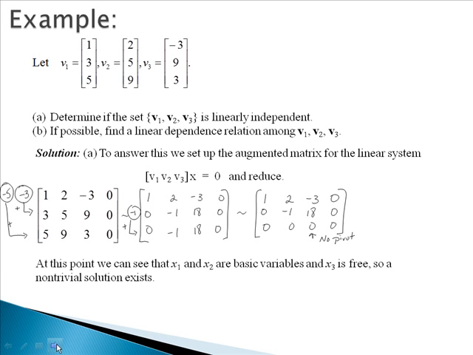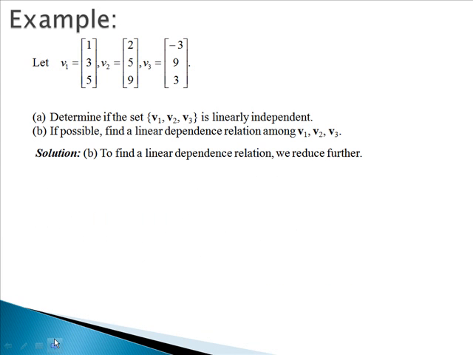So at this point then we can see that x1 and x2 are our basic variables and x3 is free. And since we have a free variable, we know then that a non-trivial solution does exist. And so then we can say that v1, v2, and v3 are linearly dependent. They're not independent, they are dependent.